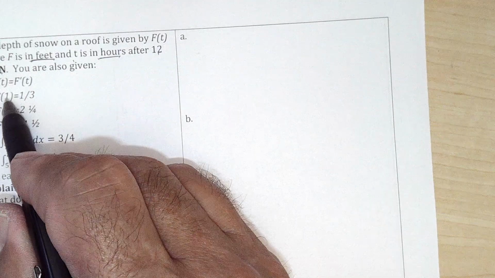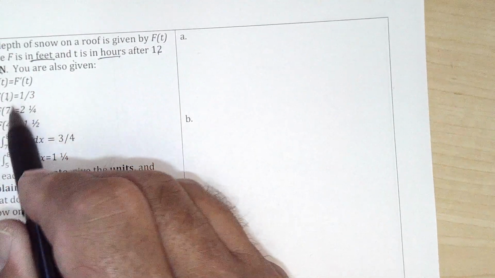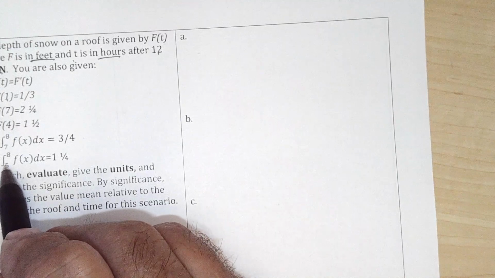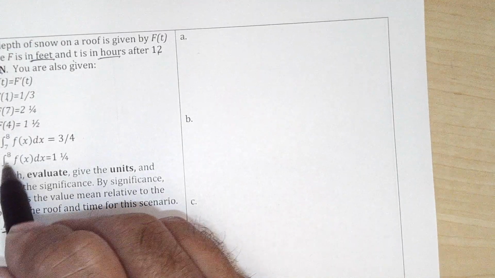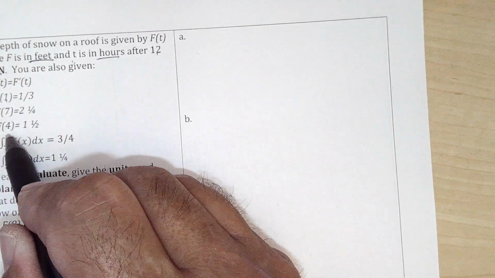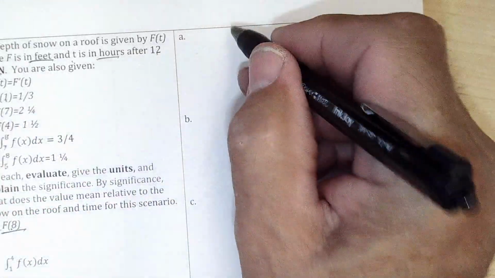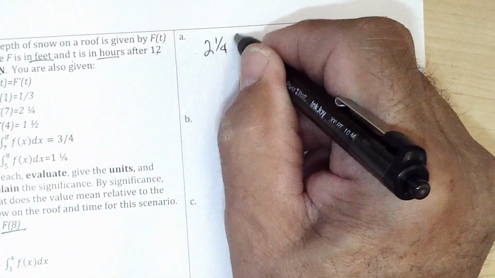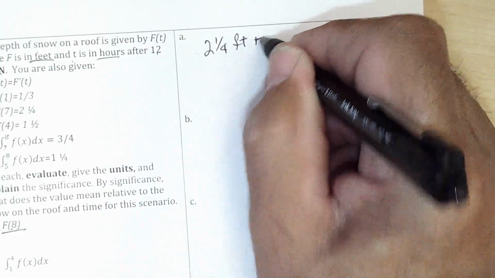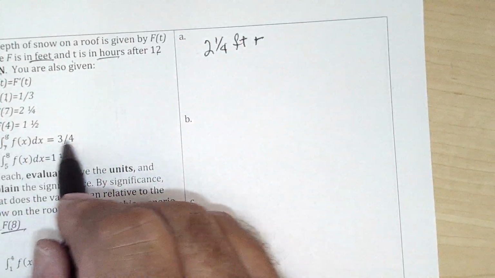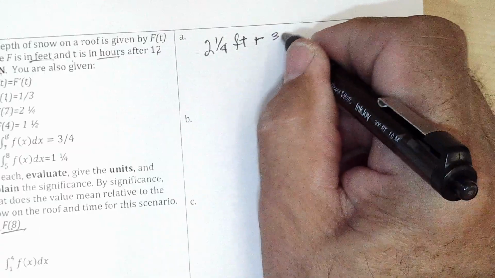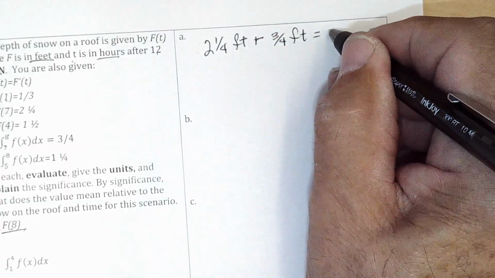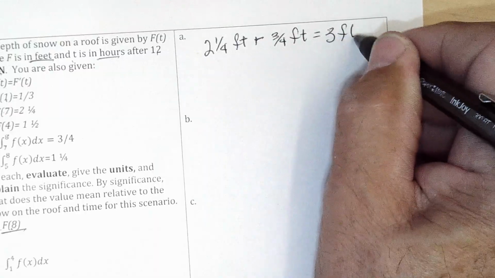Well, they give me the total at 1, at 7, at 4. Then they tell me how much it increases between 5 and 8 and 7 and 8. So I think I'm going to go with the amount at 7, 2 1/4 feet, plus between 7 and 8, it increased by 3/4 feet, which means it's 3 feet deep.